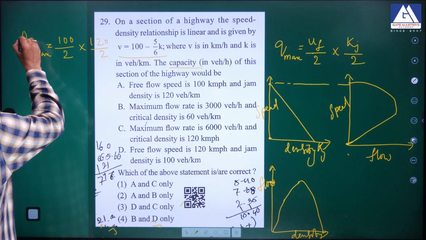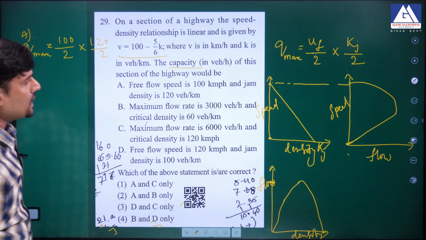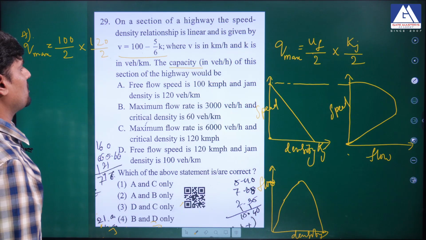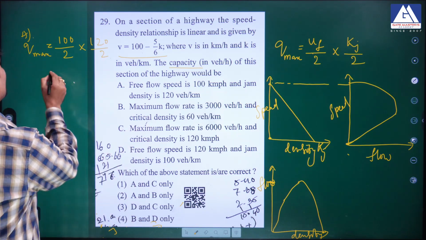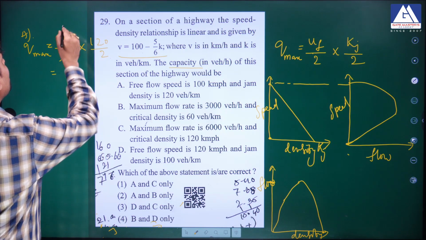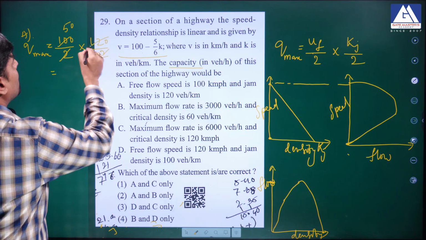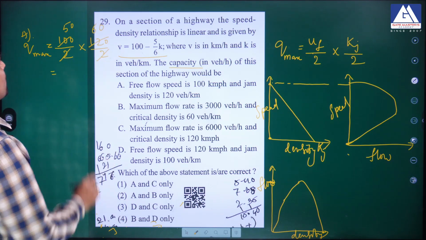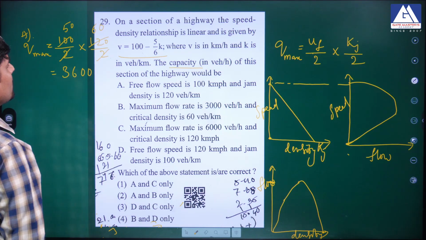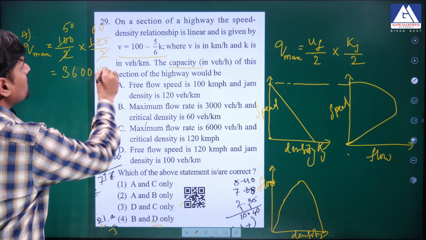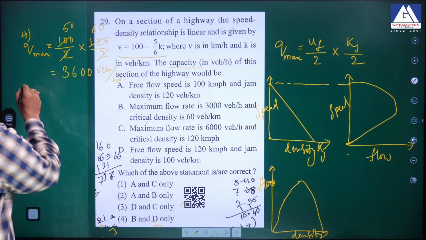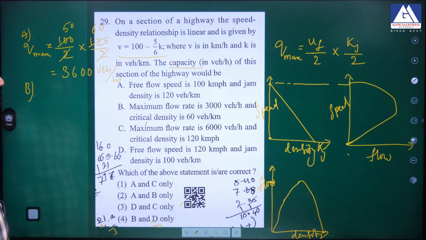If you calculate that, the capacity is going to be 50 times 60, 5 times 6 is 30, so 3000... 3600 vehicles per hour.